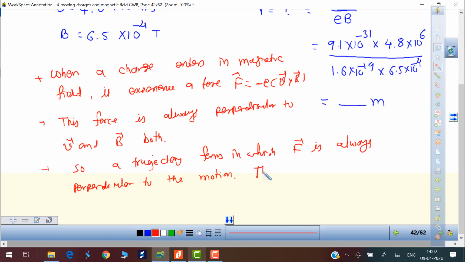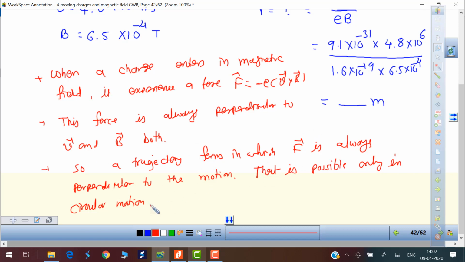That is possible only in circular motion. Actually, I already discussed this in the theory, so I will not emphasize much more on that.